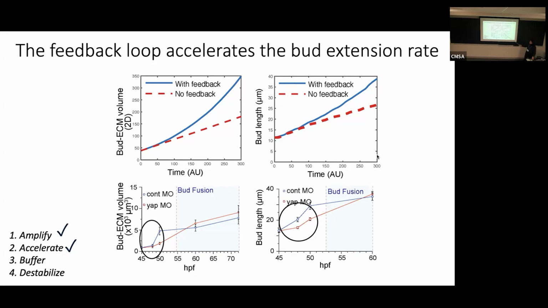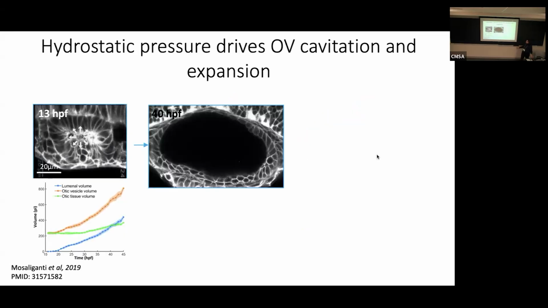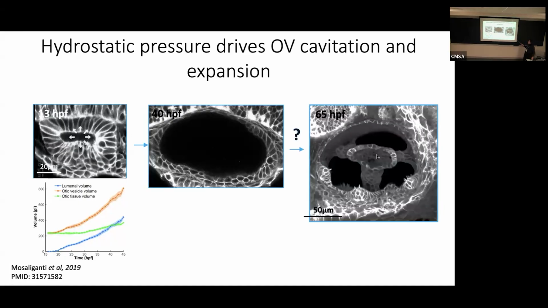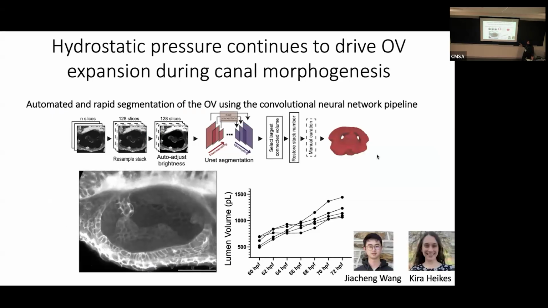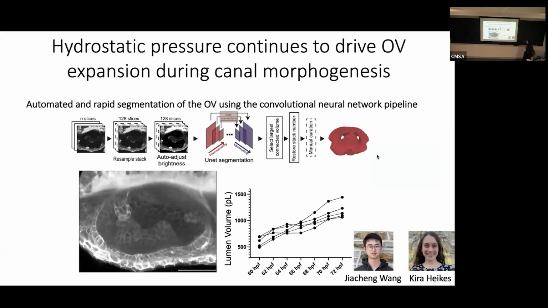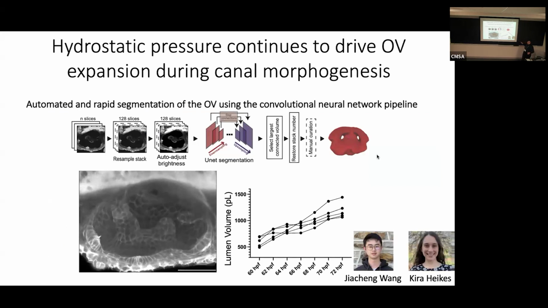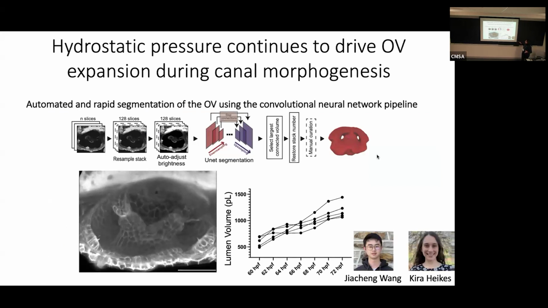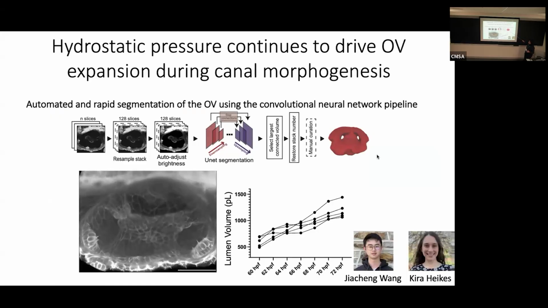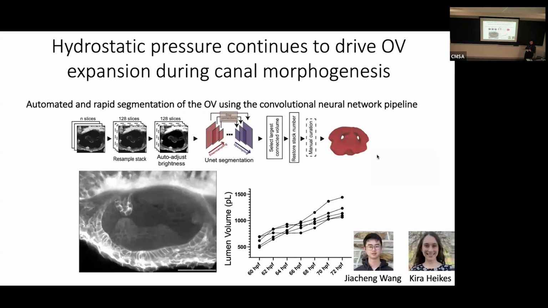But just a short detour: why we think the rate of bud extension is extremely important. I want to remind you of the slide that I showed, that initially the aortic vesicle is expanding because of pressure. We didn't know whether this expansion continues during canal morphogenesis. Using a pipeline, a student in the lab, Jia Chang, analyzed several aortic vesicles over time and could automate the lumen segmentation, and he found that over time the aortic vesicle is still expanding.